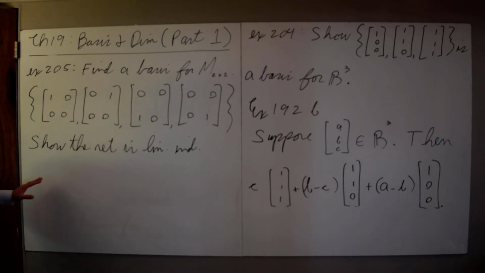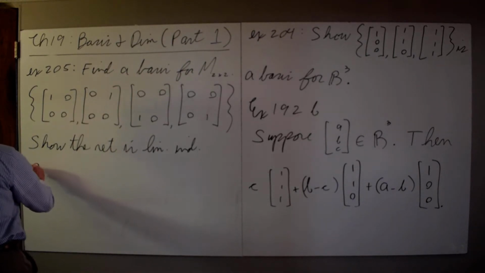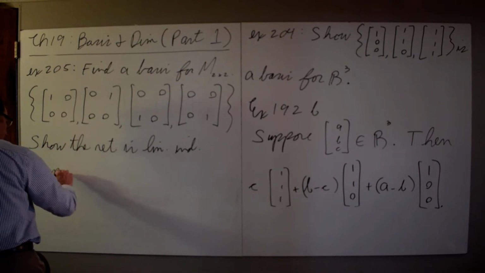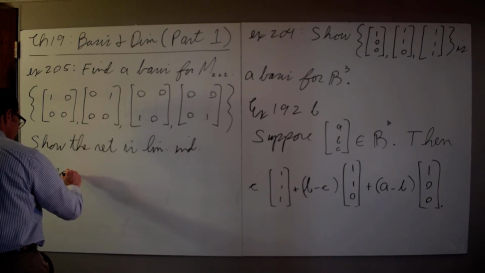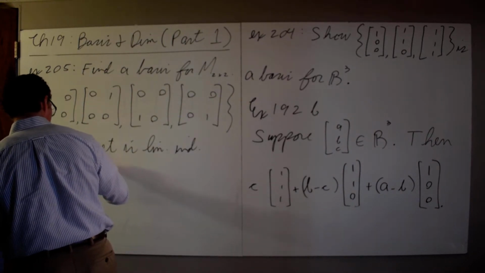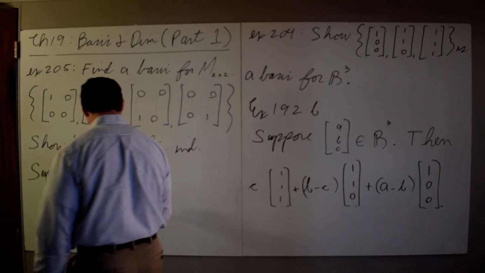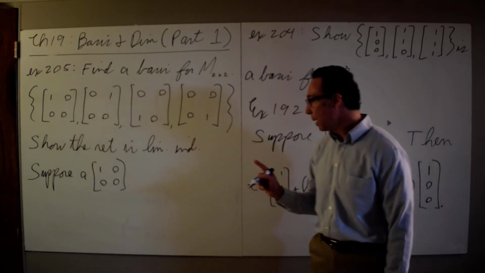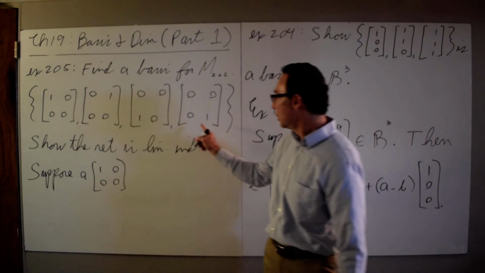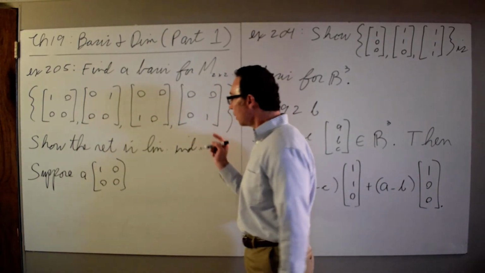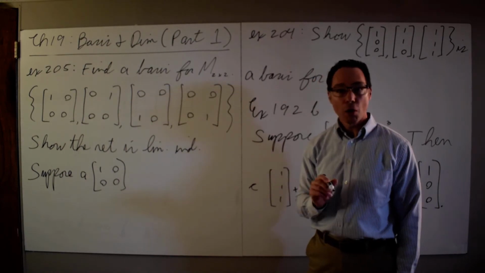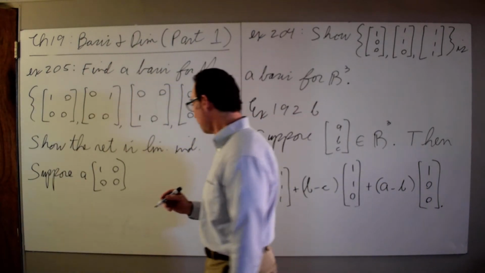What we're going to do is suppose that we can express the zero vector, which in this case is the zero matrix, as a linear combination of these four matrices, and show that all of our coefficients have to be zero.